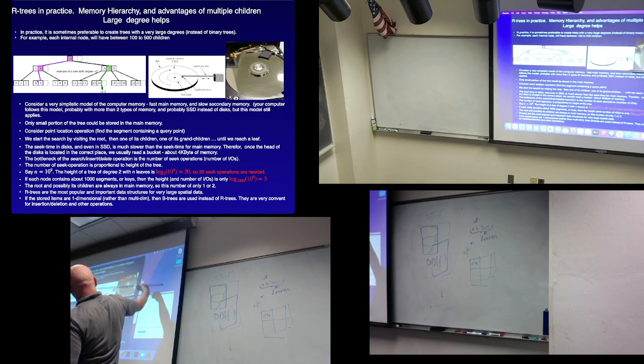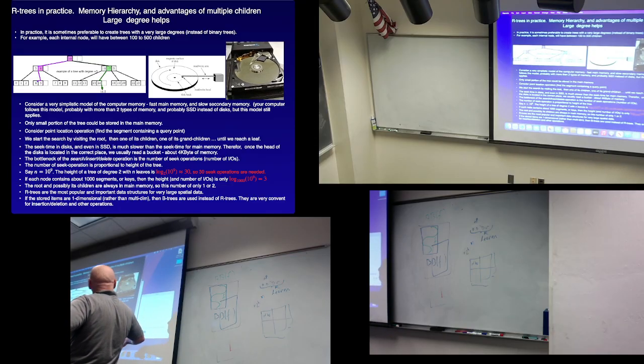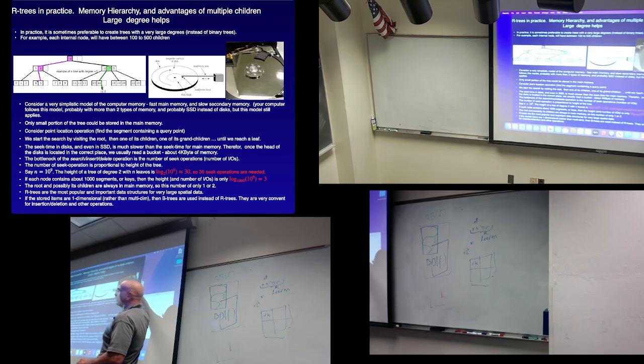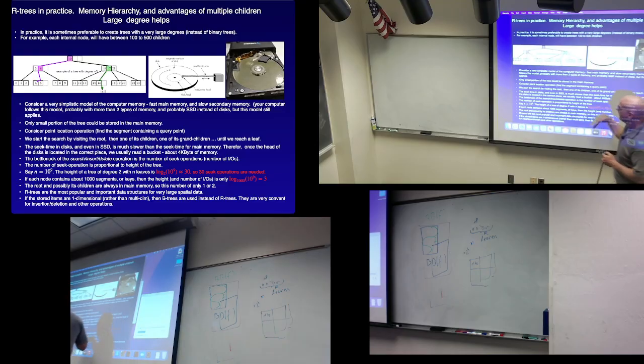We will have a main memory that is very fast but limited, and some secondary memory device that can store much more data but is much slower. And if you say, I don't have a hard drive, I have an SSD, it's still correct. Your SSD is still much slower than your main memory, the higher level or cache.